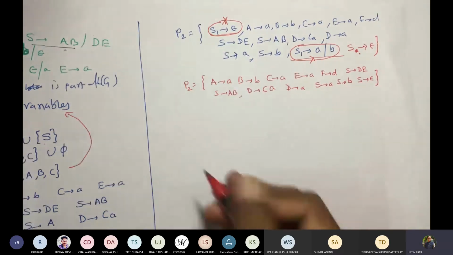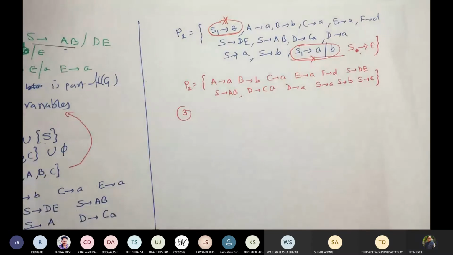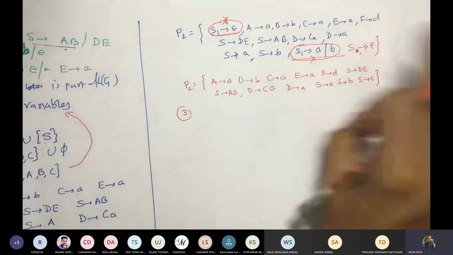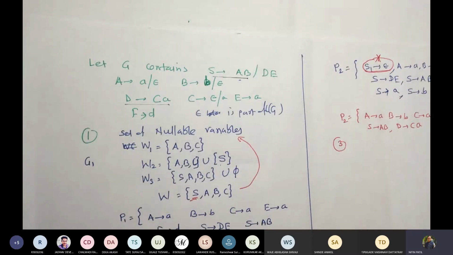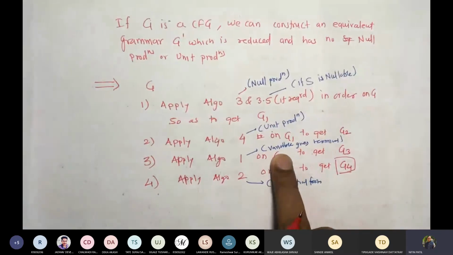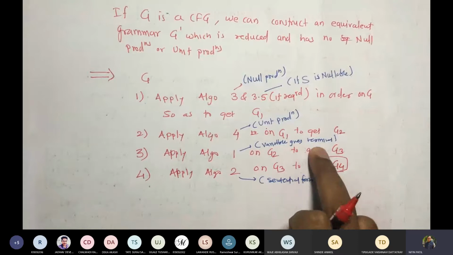So this is P2. Now, third thing, are there unit productions involved? Are there unit productions involved? So those all unit productions were removed. Correct. Now we have to work with the next algorithm, and the next algorithm says what? We have to apply an algorithm which verifies whether every variable gives you a terminal.